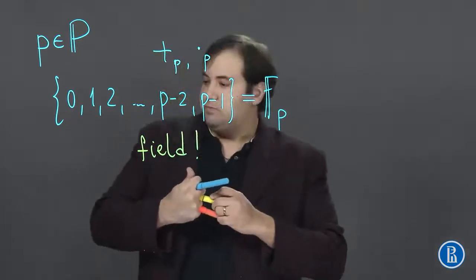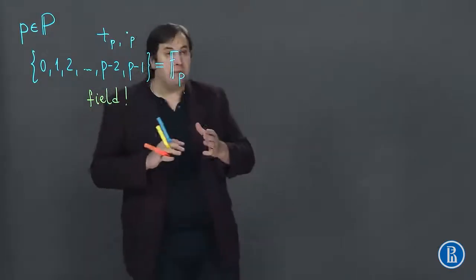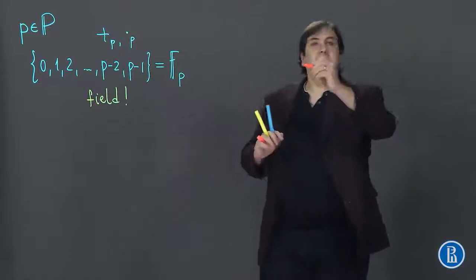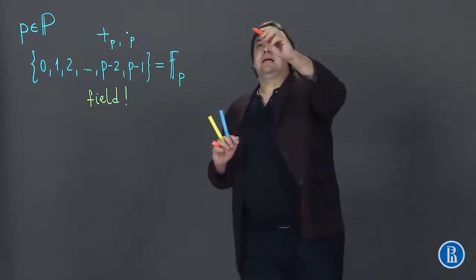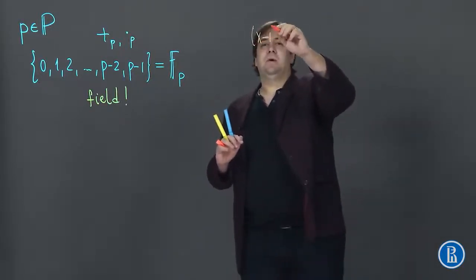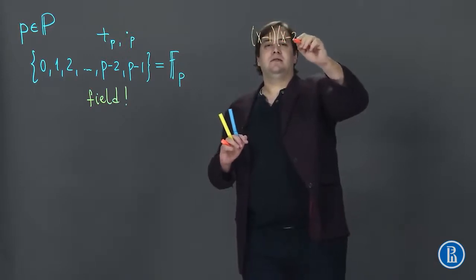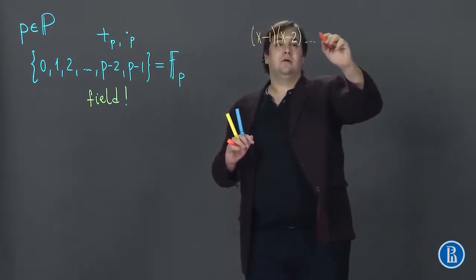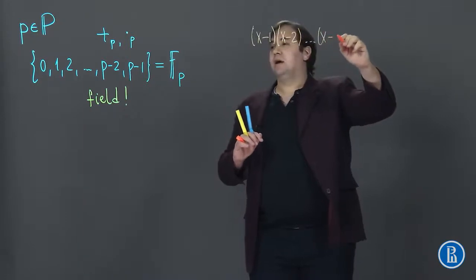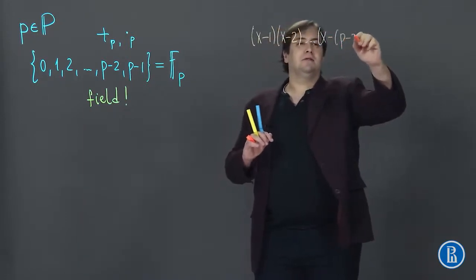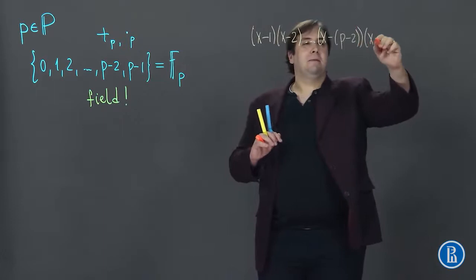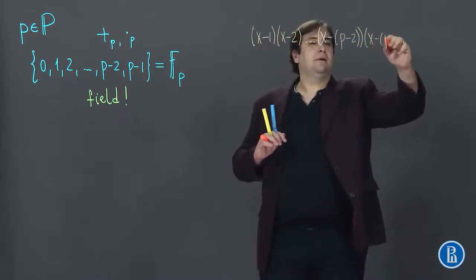And in this field, let's consider the following polynomial: (x minus 1)(x minus 2) and so on, (x minus (p minus 2))(x minus (p minus 1)).